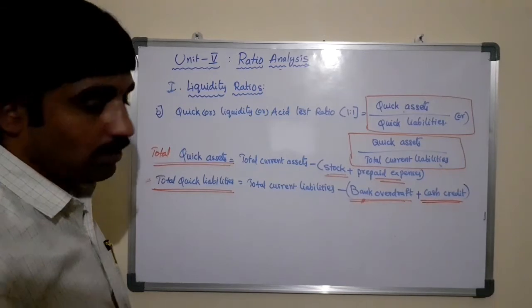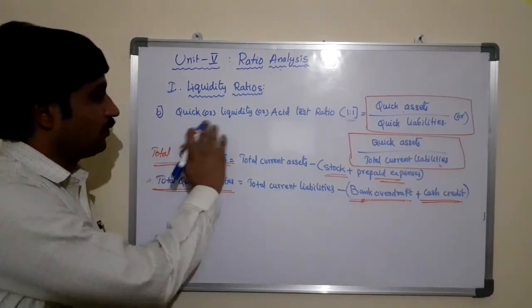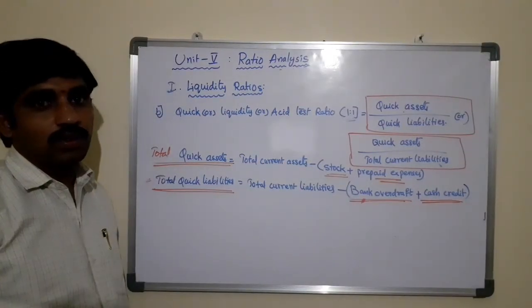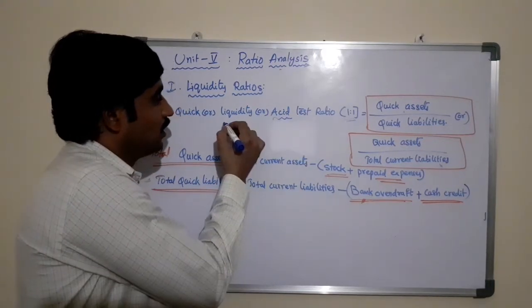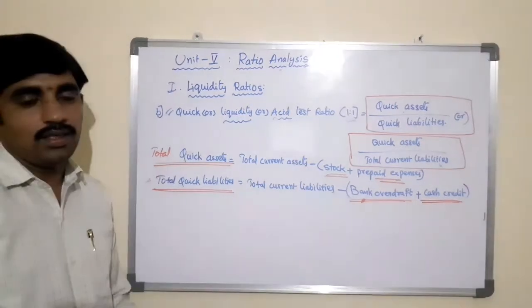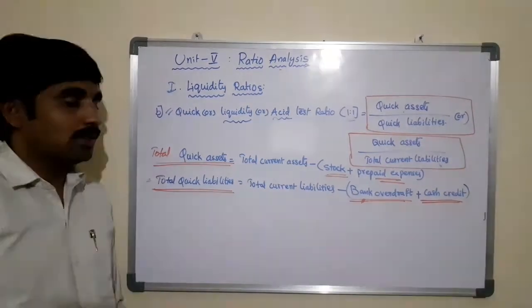So this is the formula and ideal standard for calculation of quick ratio, or the liquid or acid test ratio. This is also called acid test ratio, liquidity ratio or quick ratio. There are three names for this: quick ratio, liquidity ratio, acid test ratio.